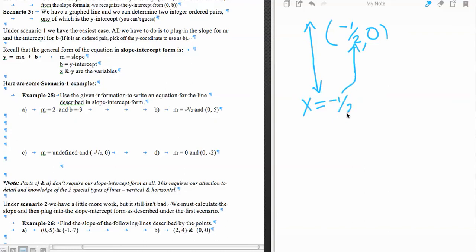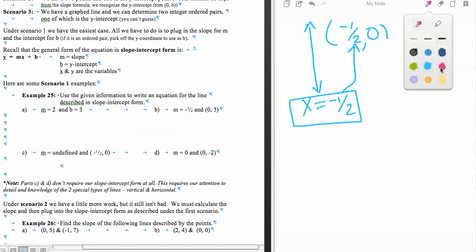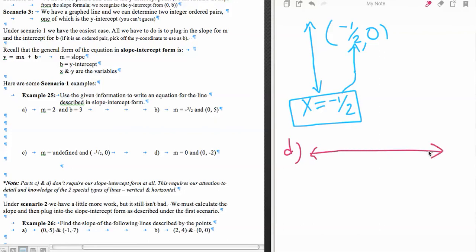Remember those things that I told you that were really important about vertical and horizontal lines? One of them being their slope, one of them being the ordered pairs, and one of them being the equation. Well, here's where these things come full circle and come into play with one another. The next one, our part D here, we see m equals 0. Well, as soon as we see m equals 0, that's telling us that our line is horizontal.